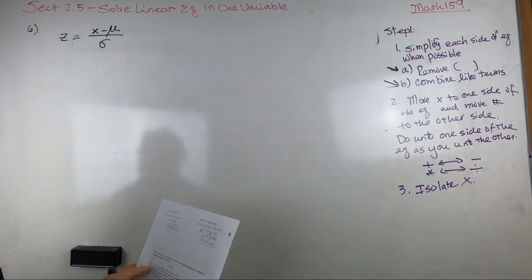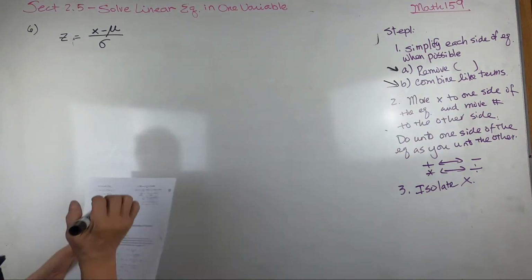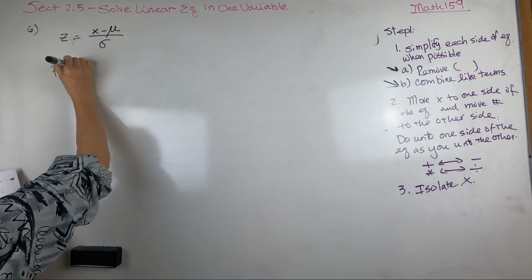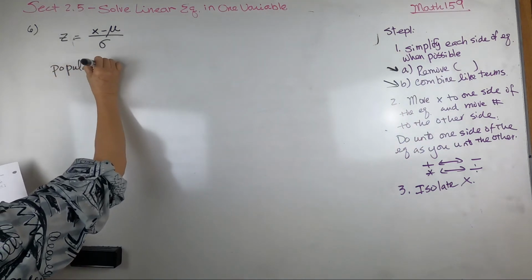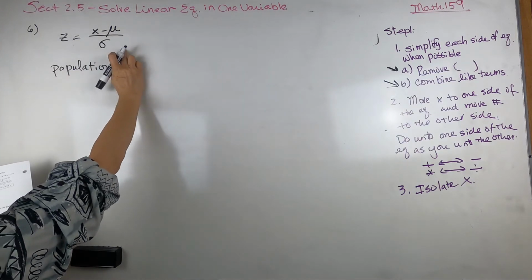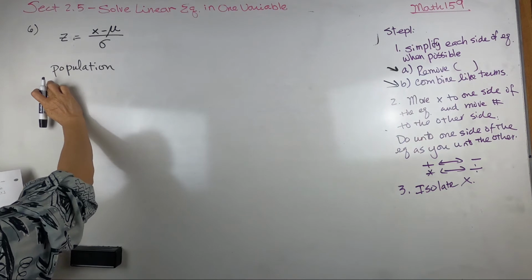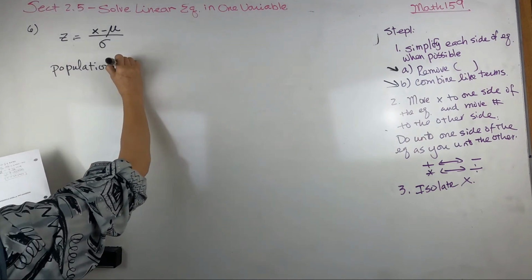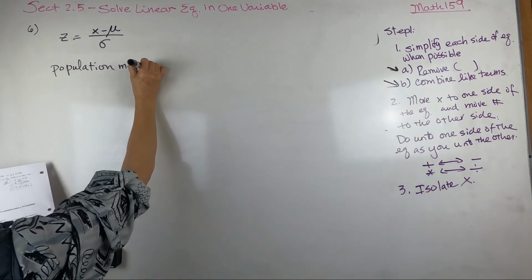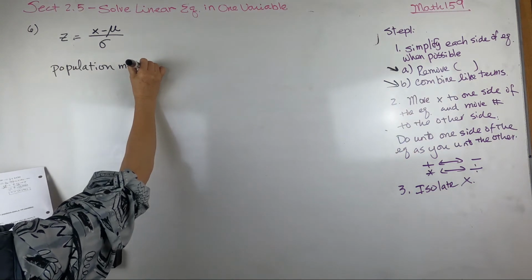It says an online retailer has found that population mean, so we don't know what population mean is. So we are learning something called z-score, which is calculated by this formula, right? Another thing we try to figure out is what is population mean, okay? Population mean is what?